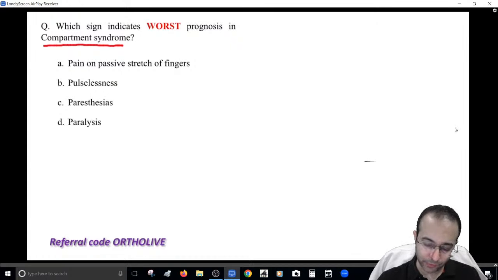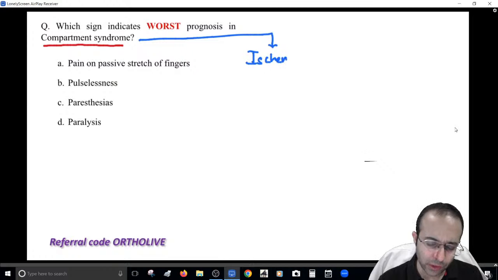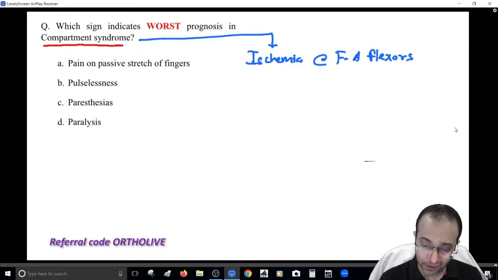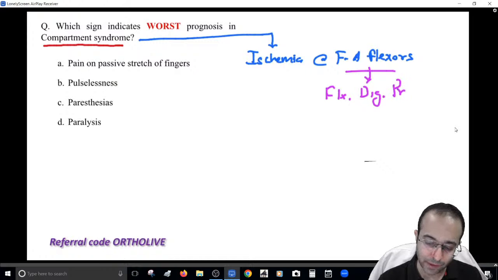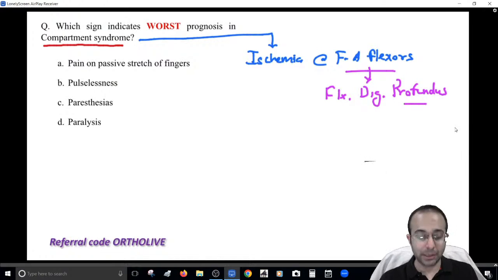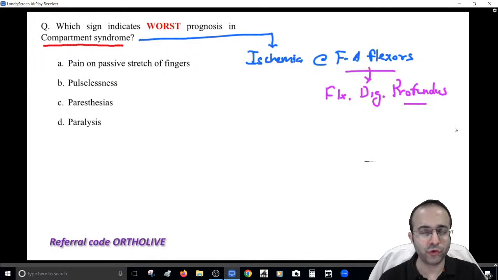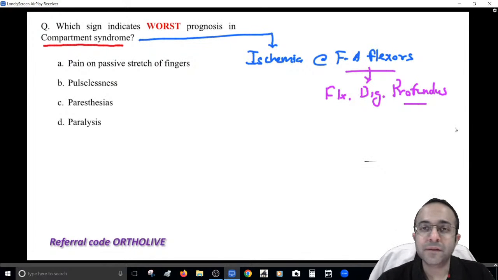In compartment syndrome, the ischemia is mostly limited to the forearm flexor muscles, and to be specific, the flexor muscle that is predominantly involved is flexor digitorum profundus, because this is the bulkiest flexor with maximum metabolic demands. So ischemia of this muscle, flexor digitorum profundus, is what we call compartment syndrome.